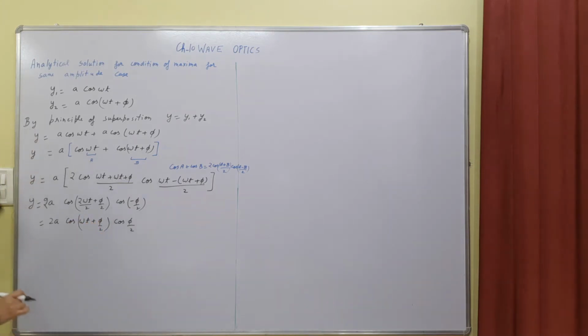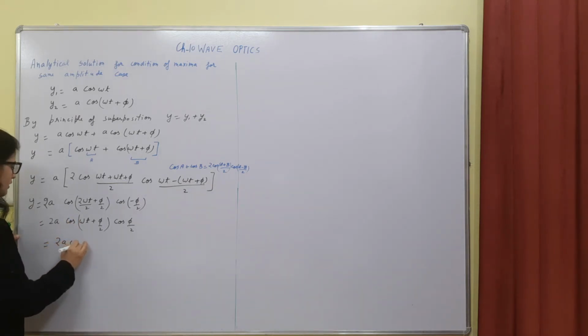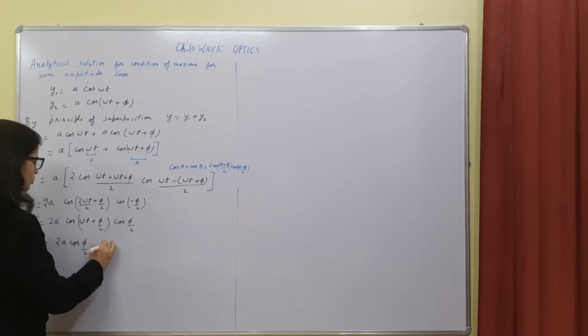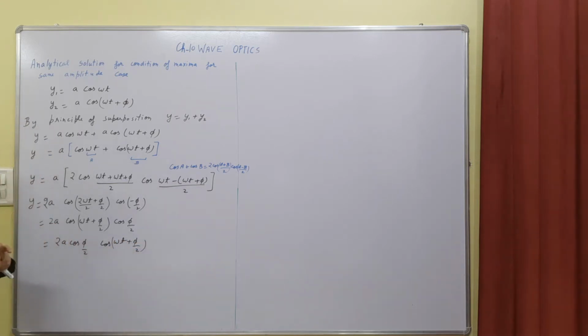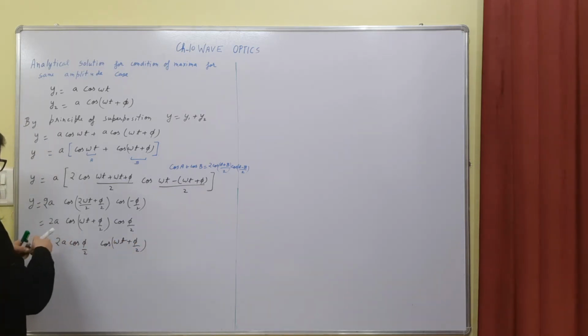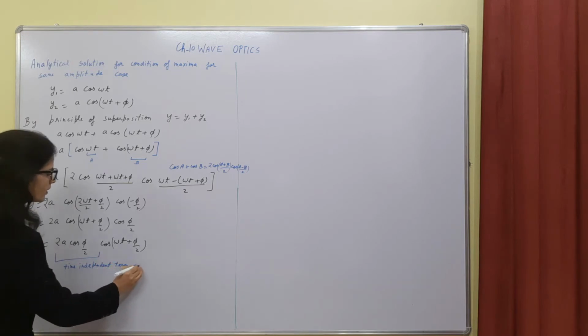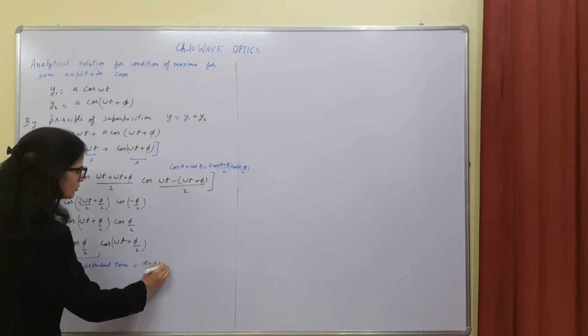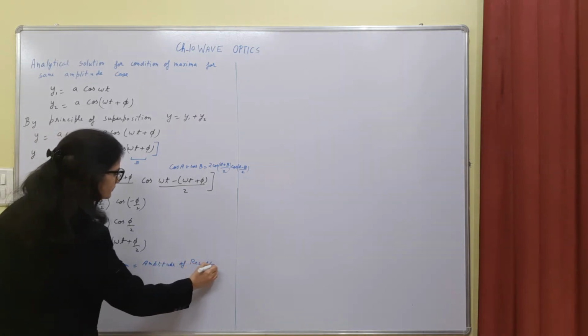And we know that the time independent term is called the amplitude. So this is 2a cos phi upon 2 and cos (omega t plus phi upon 2). So which one is time independent? This term is time independent, is equal to the amplitude of the resultant.